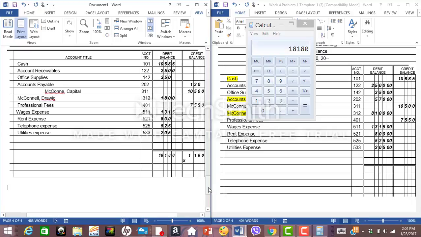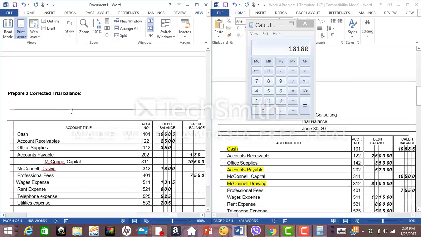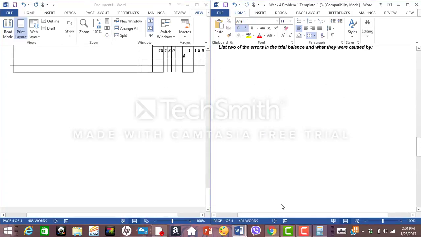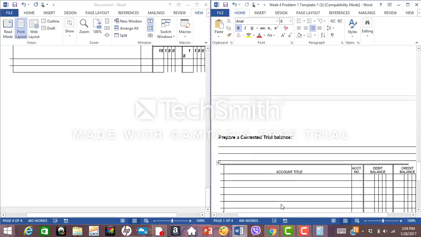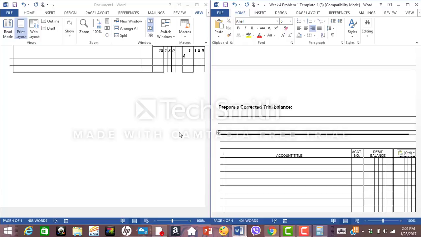And then down here, I believe there's one more problem. It didn't actually add over here, but what I'm going to do is copy this, hopefully I can, and paste it in the actual corrected trial balance. Nope, didn't work. All right, let's see.